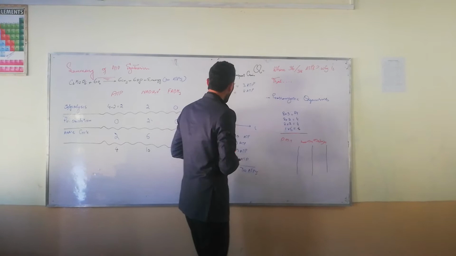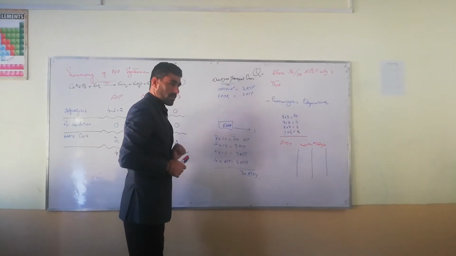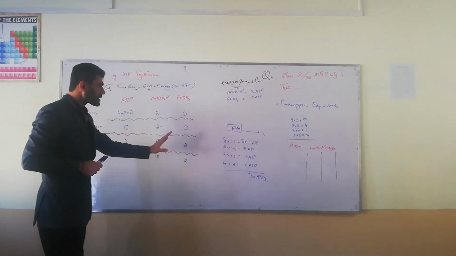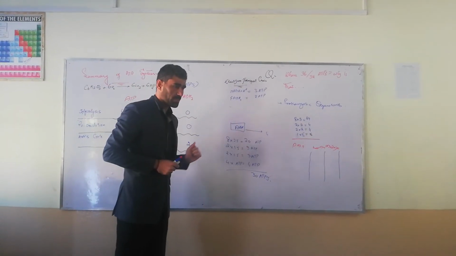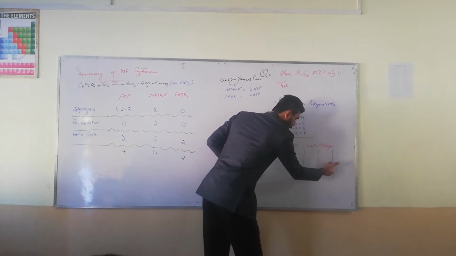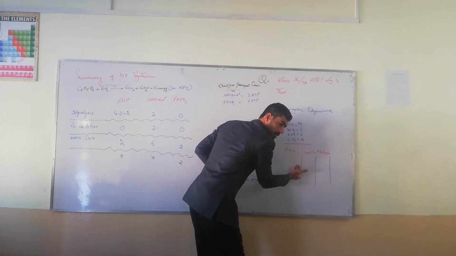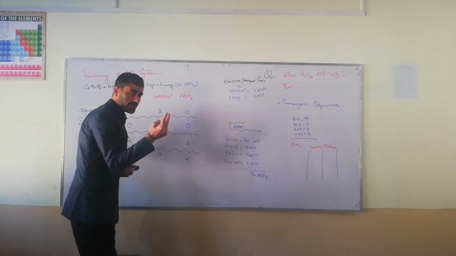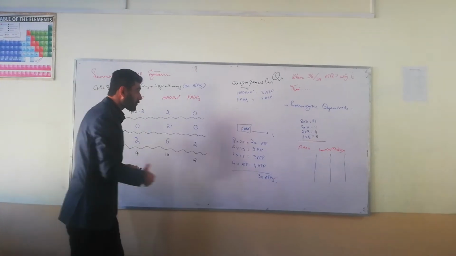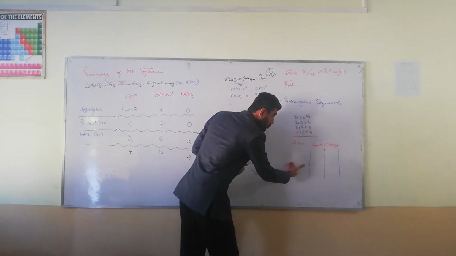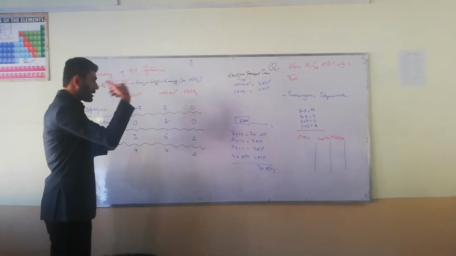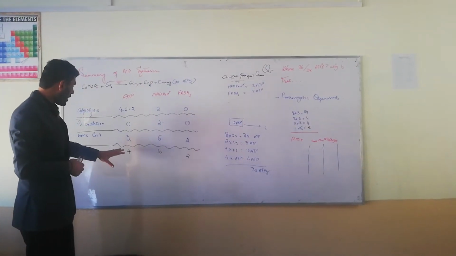So you have 8 NADH plus H plus traveling from here to here, but 2 NADH plus H plus travel from your cytosol to the inner side of the membrane and then the matrix.